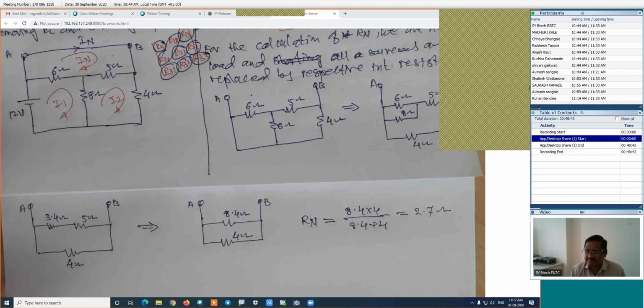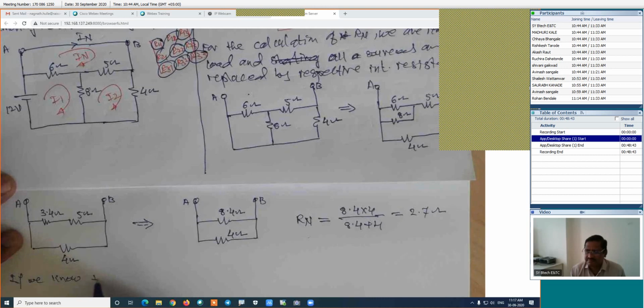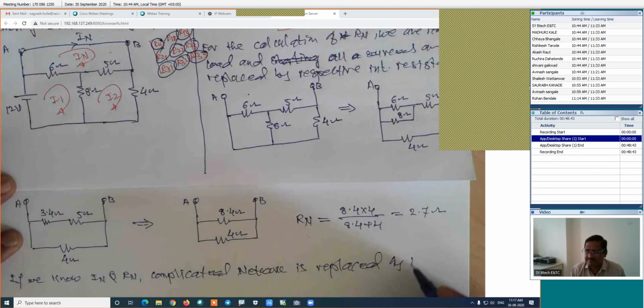Is it right? Now here we know the IN and we know the RN. Then we will draw its equivalent network. If we know IN and RN, the complicated network is replaced by Norton's equivalent network.